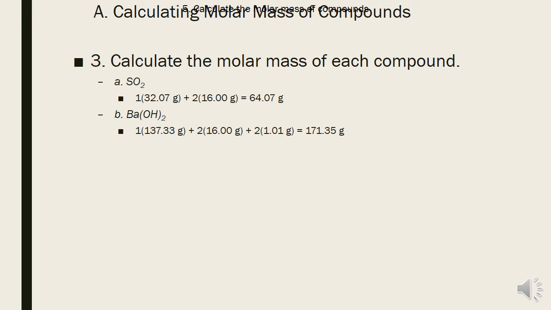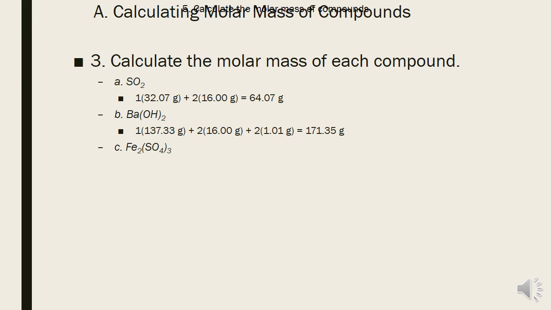So when I plug this in my calculator, 1 times 137.33, or just 137.33, because that's the molar mass of barium, plus 2 times the molar mass of oxygen, which is 16, plus 2 times the molar mass of hydrogen, which is 1.01. That gives you 171.35.